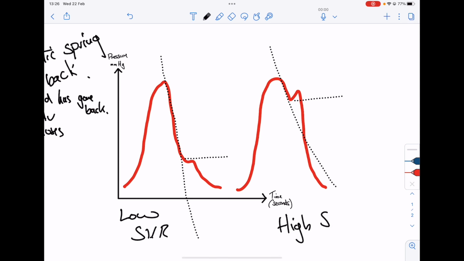Why? A circulation that is quite flaccid and lax, i.e. our lower SVR state, is going to promptly dump blood from that systolic ejection into your arterial vasculature, and it's going to hose in with minimal resistance.